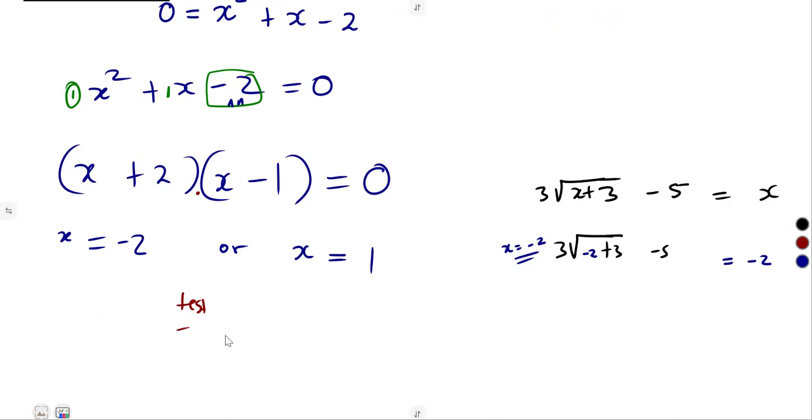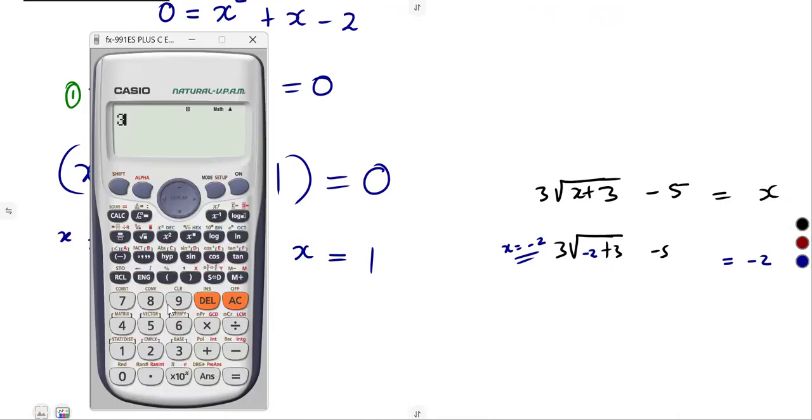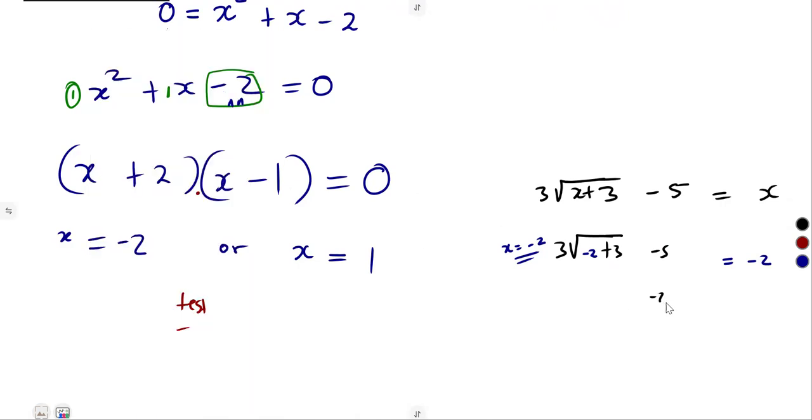All right, so you can simply use our calculator here. 3 square root of minus 2 plus 3. Then after this, we must subtract a 5. So that was going to give us minus 2. So as you can see, guys, minus 2 is equal to minus 2. So x can be equal to minus 2.